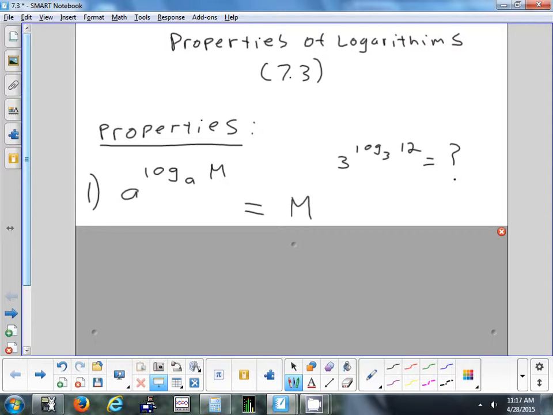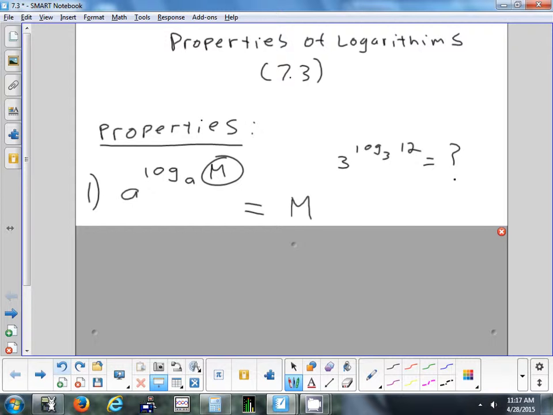If you have a number, and then in the exponent you have a log, and the base on that log is the same as the other base, so these two numbers match, just like I've written right here: 3 raised to the power, log base 3 of 12. Well, when these two things match, basically what happens is they cancel out. And the answer that you get is what's sitting right there.